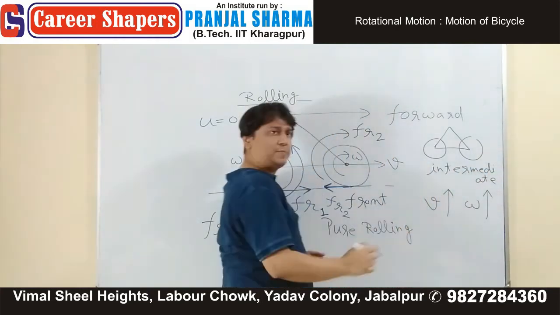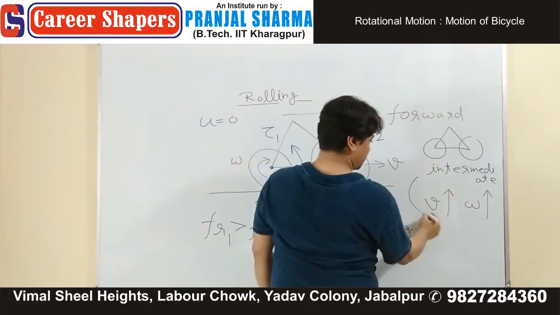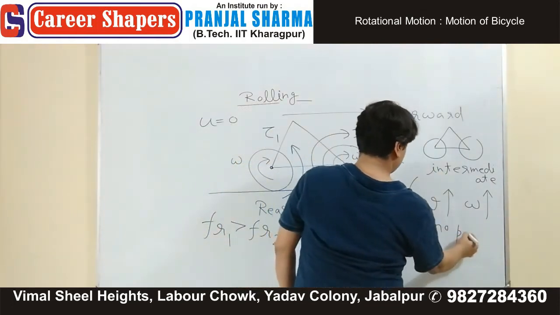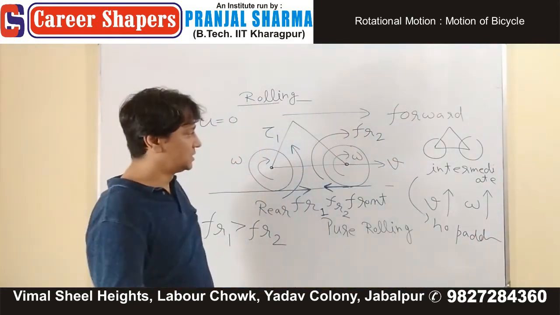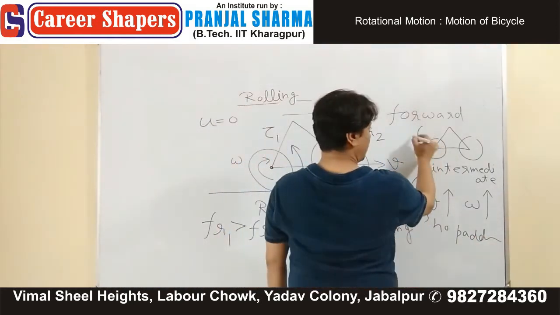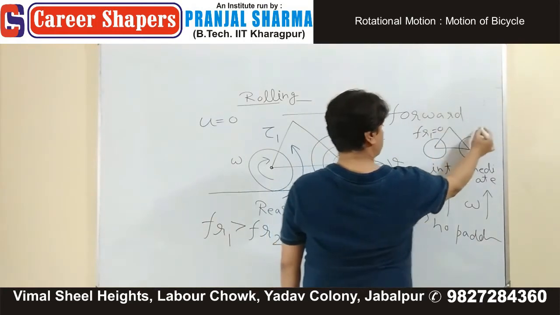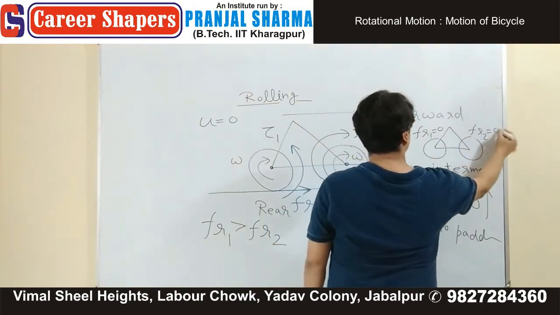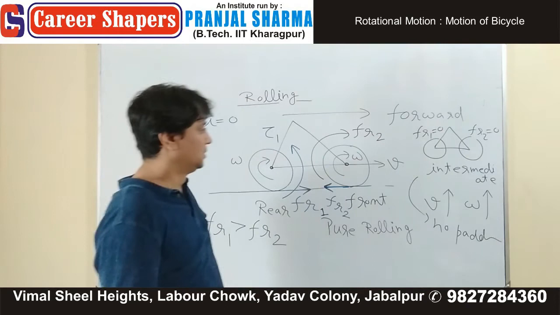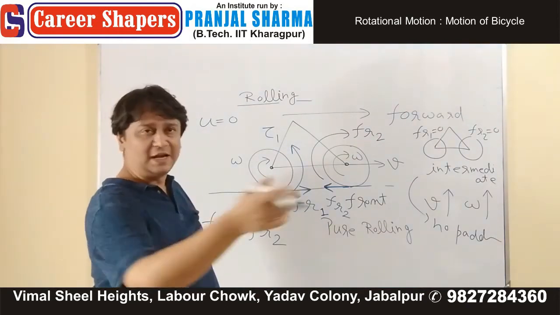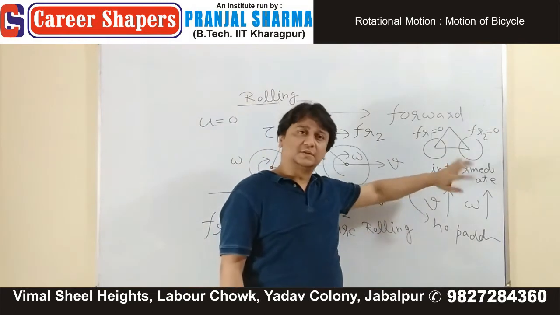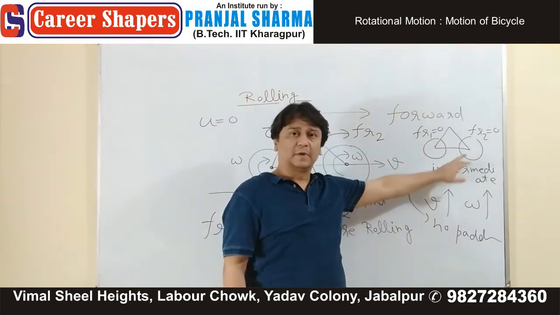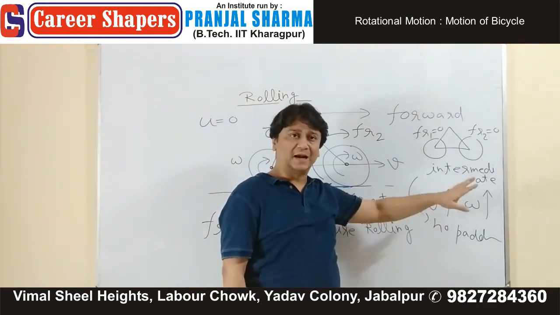In this intermediate part, no pedaling is present. We're not pedaling this bicycle, and therefore FR1 is 0, FR2 is also 0. You can draw a neat and clean figure, but for us this is sufficient. Intermediate situation, we have stopped pedaling.